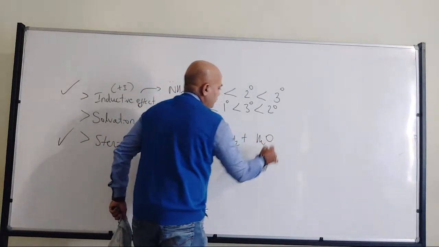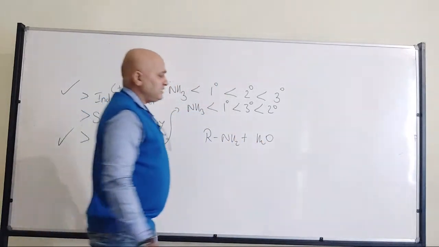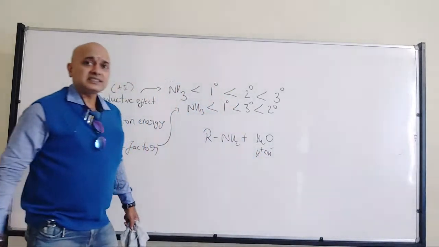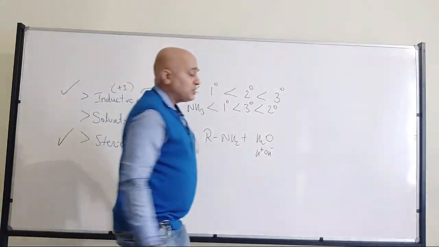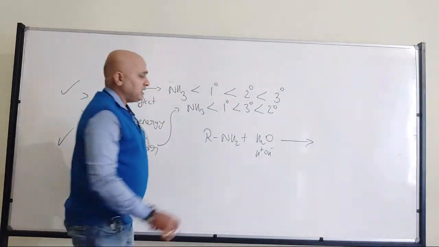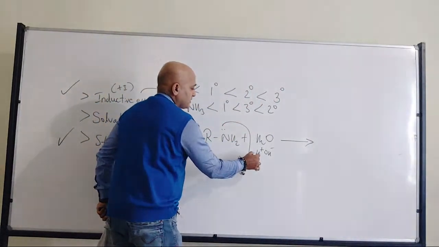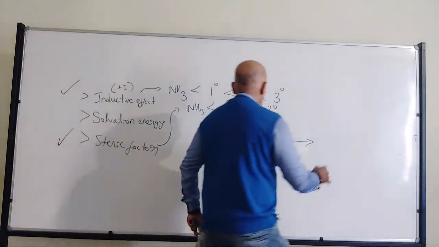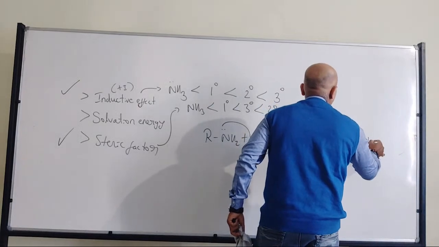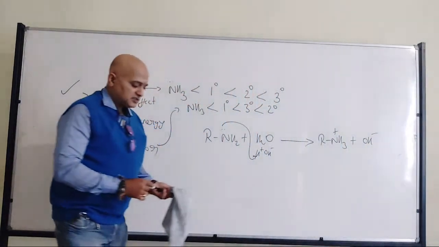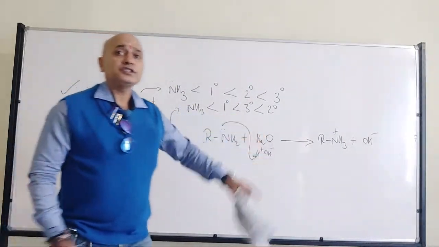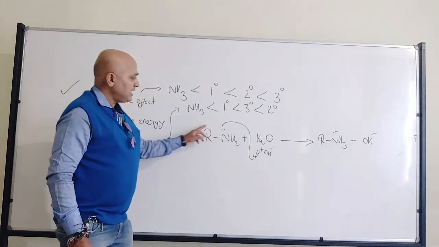Next one is, I have amine. When I put it into water, all of us know that water is neutral because it gives equal amounts of H plus and OH minus. So that's where the Lewis base character comes in, NH3 plus OH minus. So that's where they will form the basic solution due to the formation of OH minus. What is happening? We have the amine.